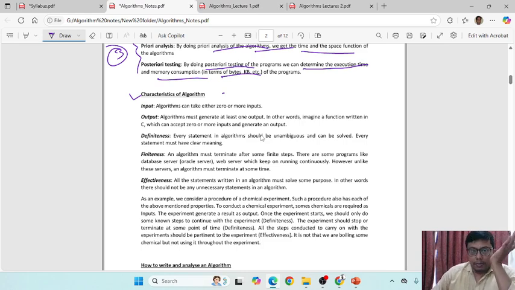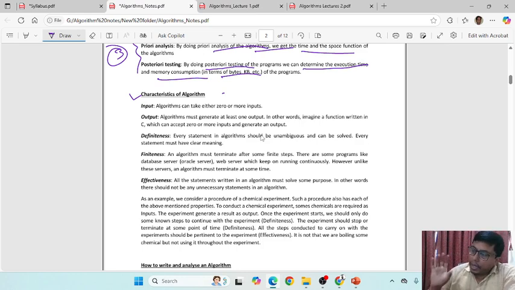For any algorithm we write, you can have either zero inputs or one or many inputs.